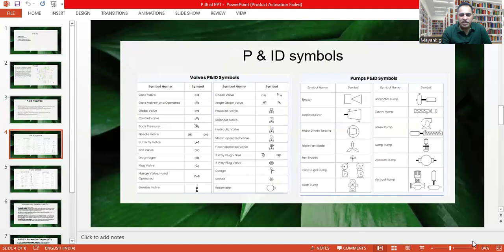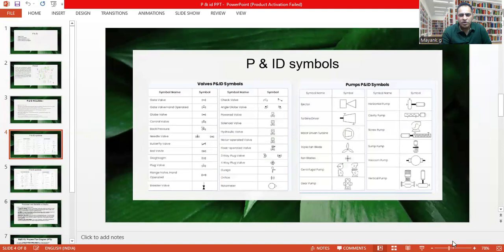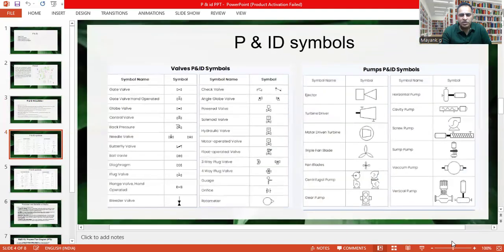So basically, these are the symbols of the valves and pumps. It is very, very important for any mechanical engineer to understand what kind of symbol is used for the valve. So if you can see, these are the gate valve symbols. Then we have gate valve with a hand operated.